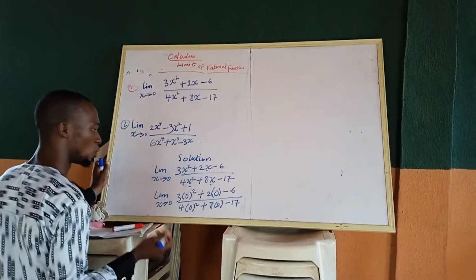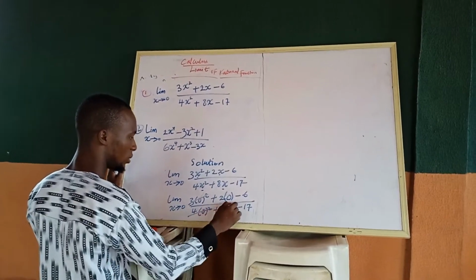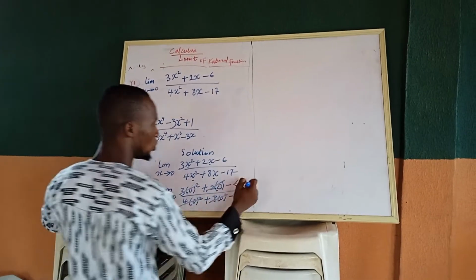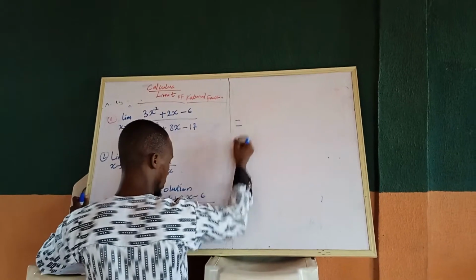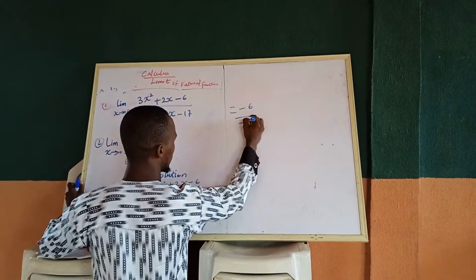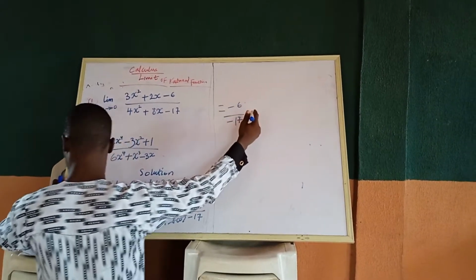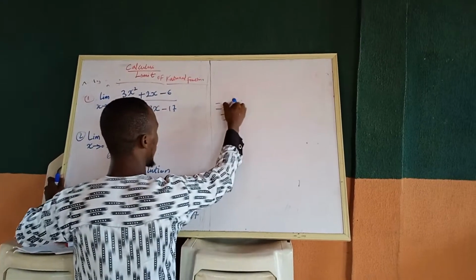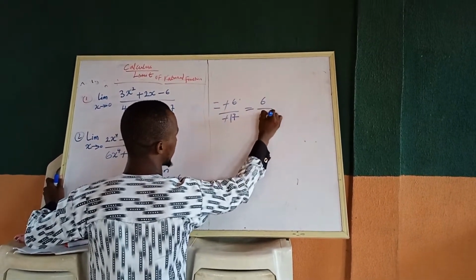In this aspect we can see that the terms with x become 0. So we will be having minus 6 all over minus 17. Minus cancels minus, and the final answer is 6 over 17.